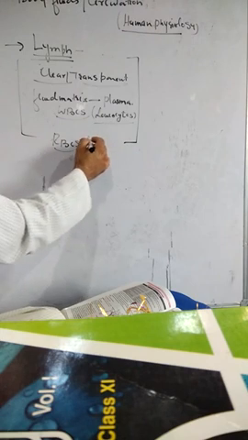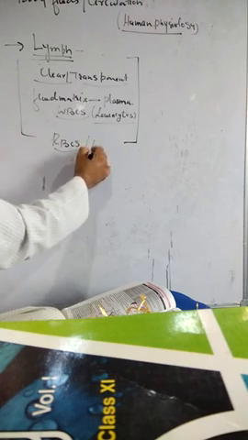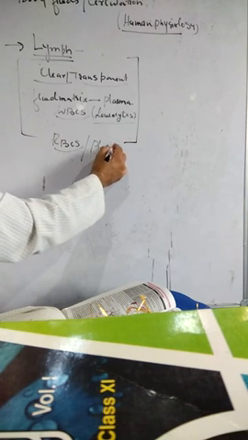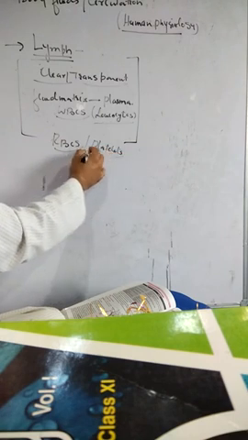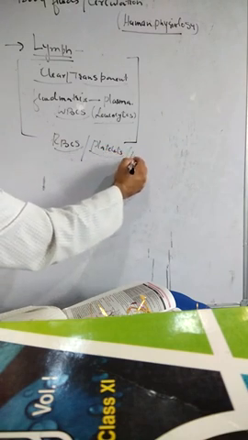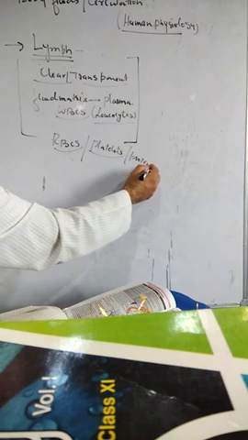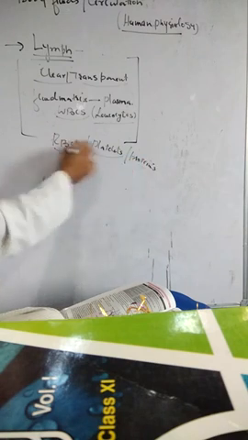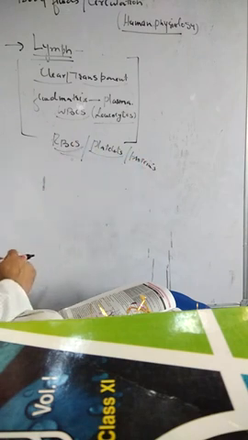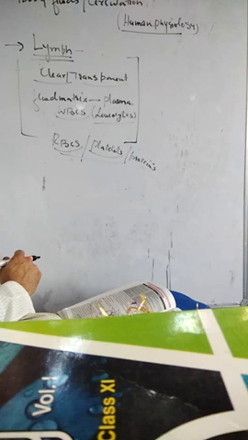Platelets are also present in the blood but not in the lymph. Some plasma proteins present in the blood are not found in the lymph. Otherwise, the composition of the lymph and the blood is almost similar.